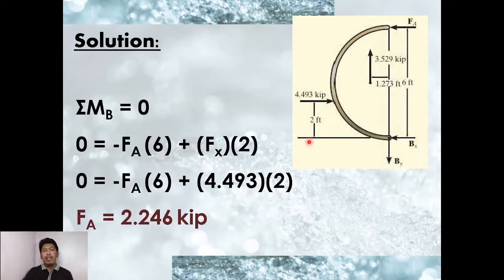Therefore, our F sub A is 2.246 kip, or kilopounds, since we used kilopounds. So that is done for A.